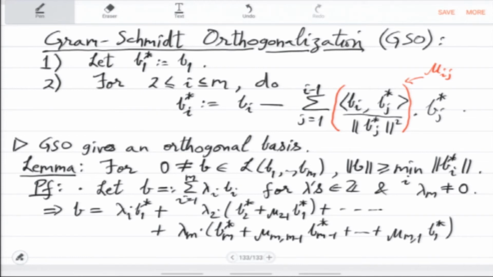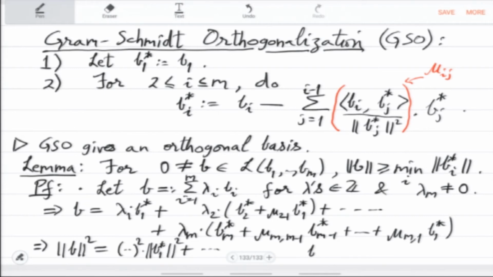Okay, and then you can look at the norm square. So, since you have written B as a combination of orthogonal vectors, you can use the sum of squares, right. So, you will get the coefficient of B1 star squared, up to the last one, which is Bm star.